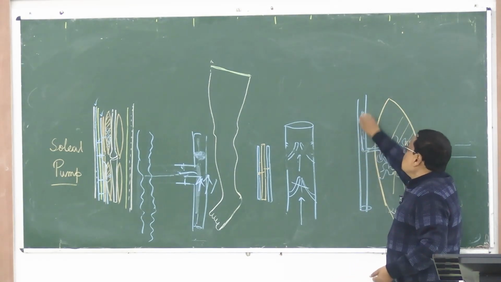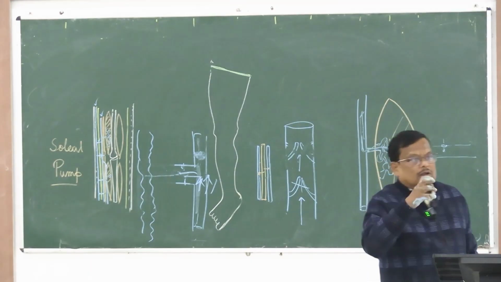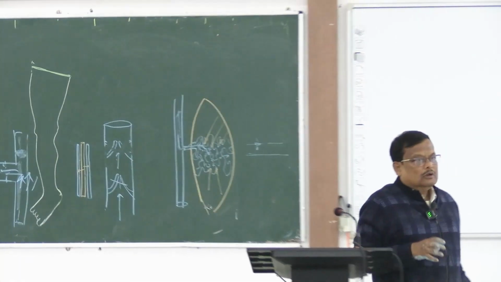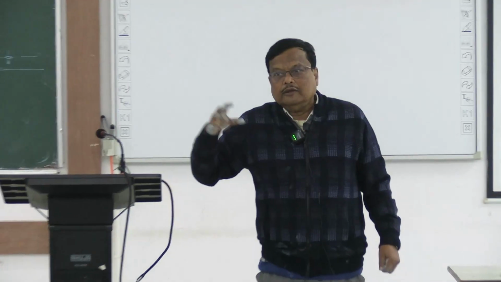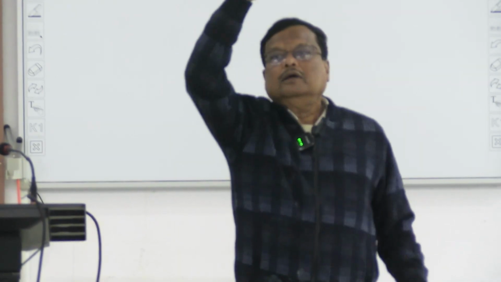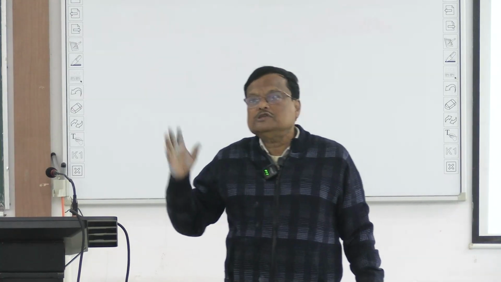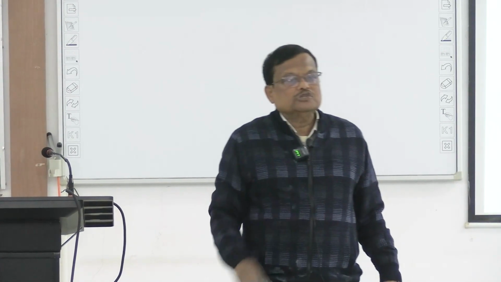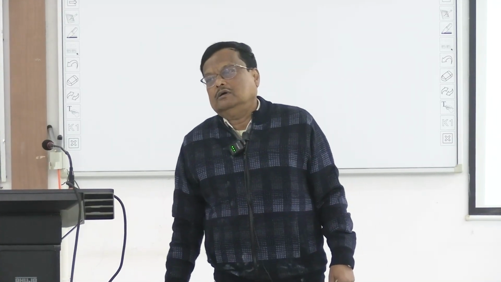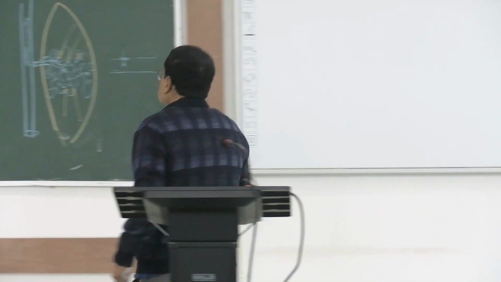And it also creates a high pressure, so this blood is pushed from the venous sinusoids to the veins, and this pressure pushes the blood up. Is that clear? So it is like a heart. So the soleus muscle is called the peripheral heart.